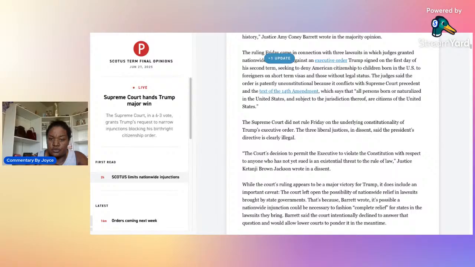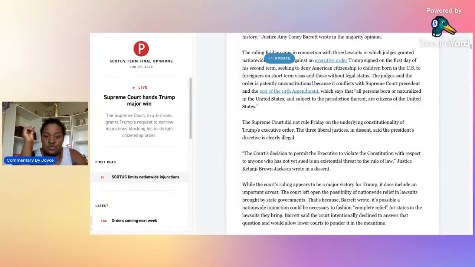The 3 liberal justices in dissent said the president's directive is clearly illegal. Okay, so this doesn't make sense. In the dissent, it says the president's directive is clearly illegal.